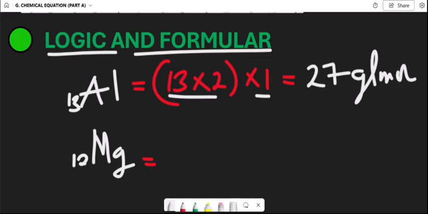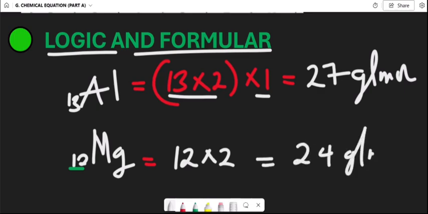But when you look at magnesium, that's 12. So 12 times 2, but I'm not going to add 1 to that, and that gives you 24 grams per mole. So this is the simple logic towards getting the atomic weight of any element, that means the first 20 elements.